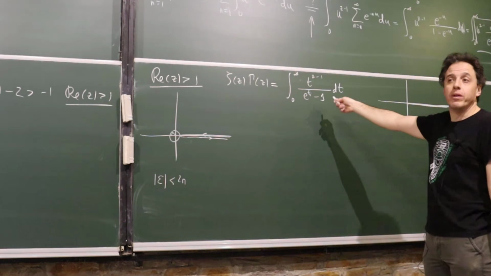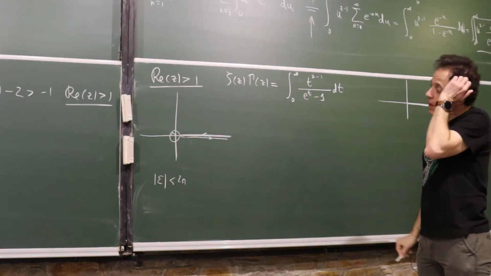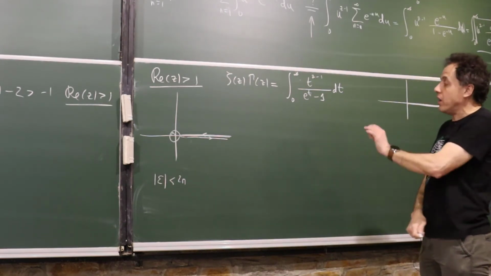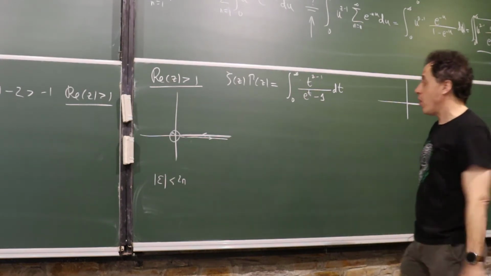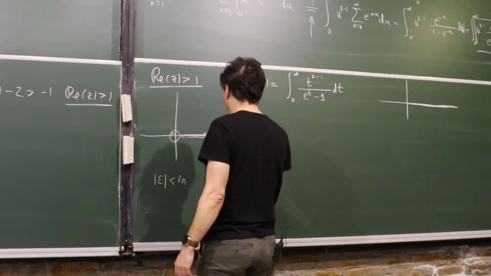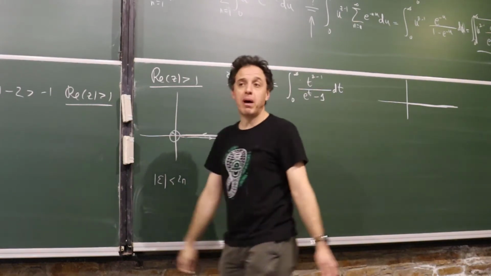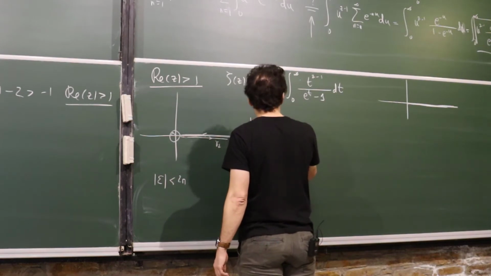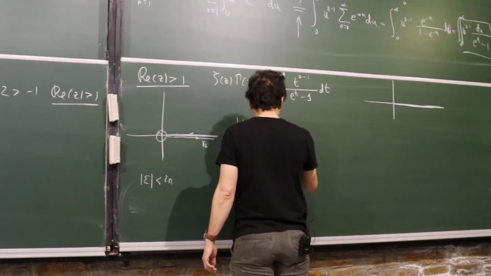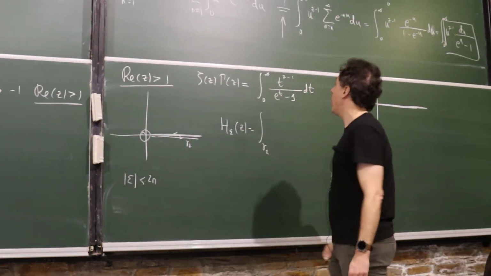Of course, it is 0 also when t equals 0, but if you take epsilon small enough, it does not go through any point where the denominator is 0. You take this path, call it gamma epsilon, and consider the following function, h epsilon of z, equal to the integral along this path of this function.